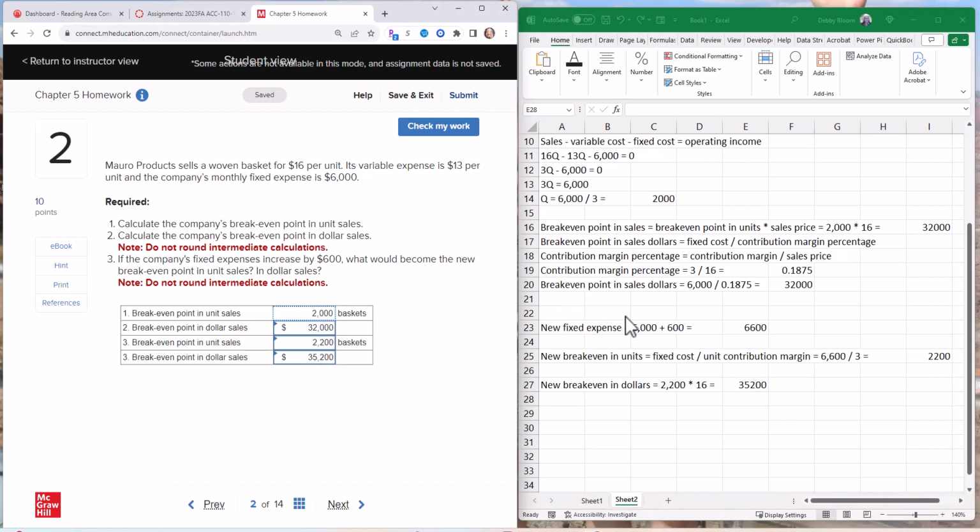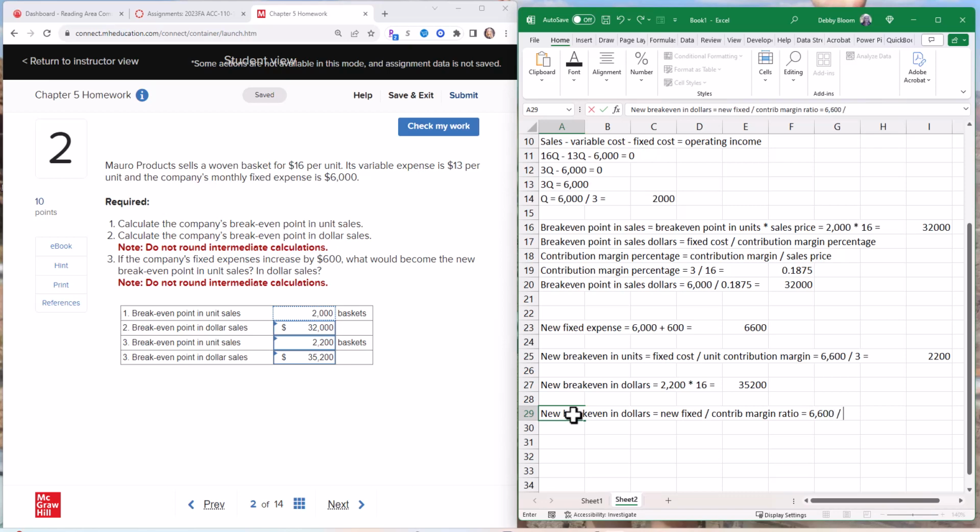But remember, our contribution margin percentage did not change, so we can also calculate our new break-even in dollars as the new fixed divided by the contribution margin ratio. So in this case, I would take 6,600 and divide it by 0.1875. And I should get the same answer of 35,200.